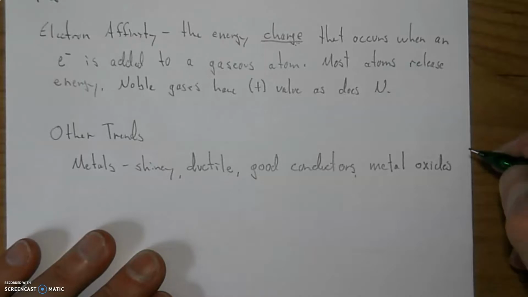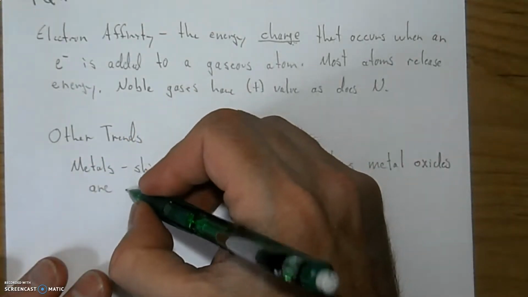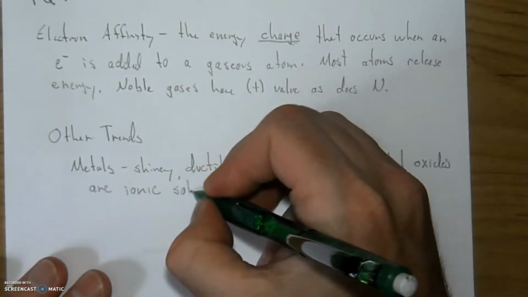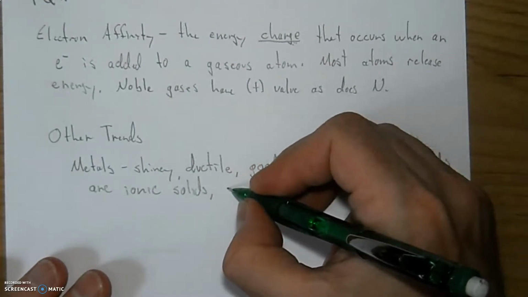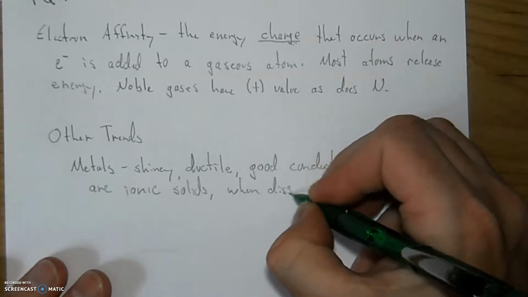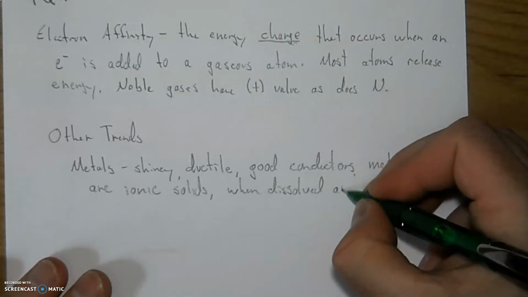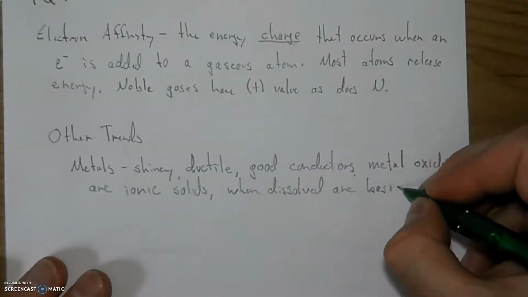And those metal oxides are classified as ionic solids. And when dissolved in solution, they are basic. They form basic solutions.